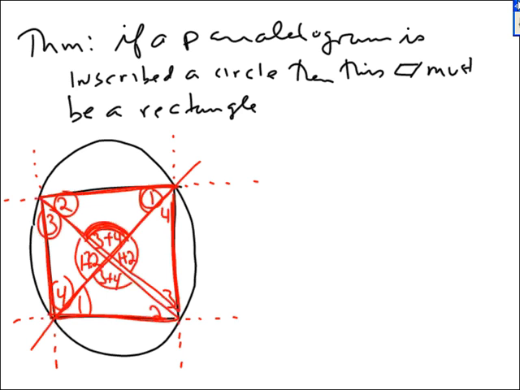All right. Now we have 4 triangles. 1, 2, 3, and 4. Well, 2 and 3 have the exact same angles.